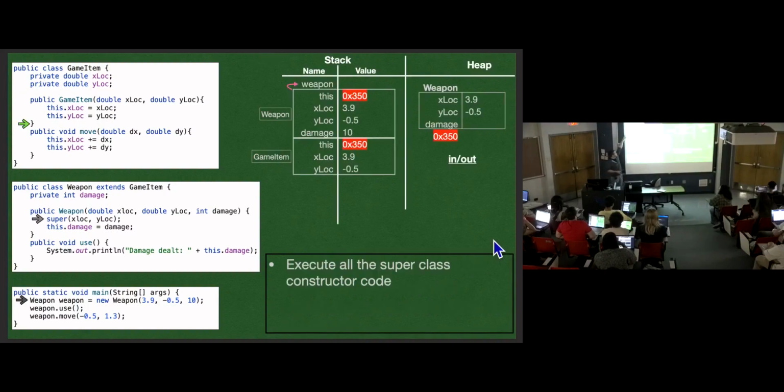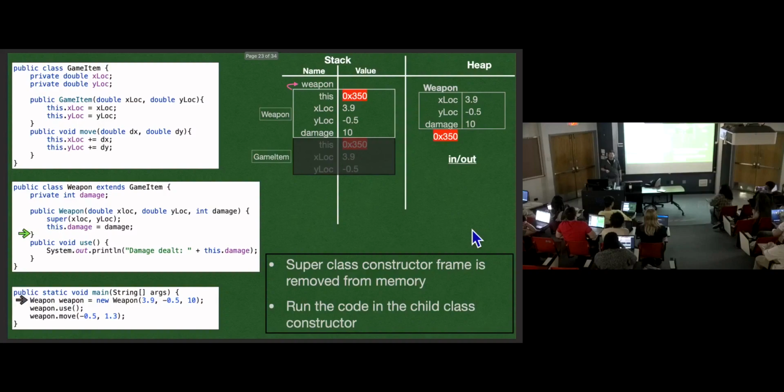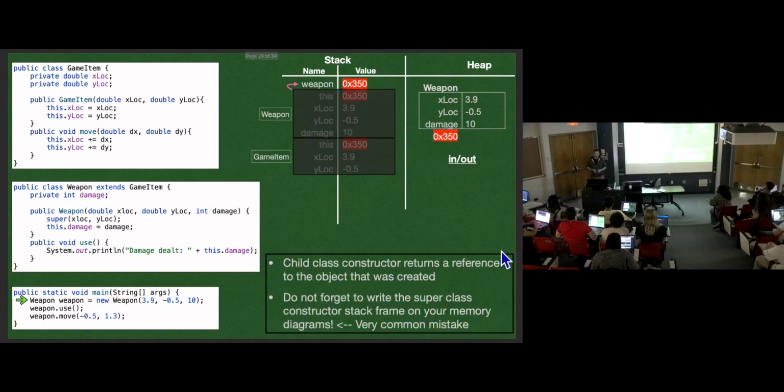Then we execute the code in the constructor. As usual, this is the reference OX350, so this.xLocation, this.yLocation, setting those instance variables of the object that's being created. That constructor call returns, and then this.damage, we set that equal to damage from the stack frame, and that constructor call returns.